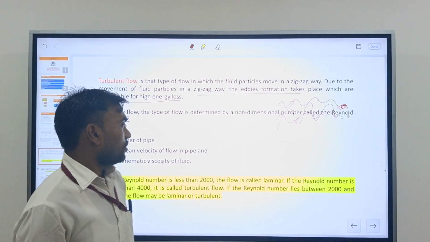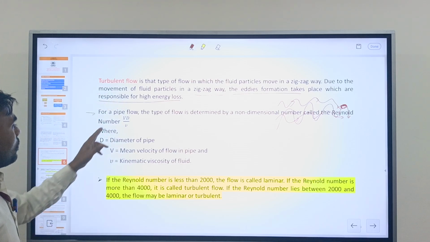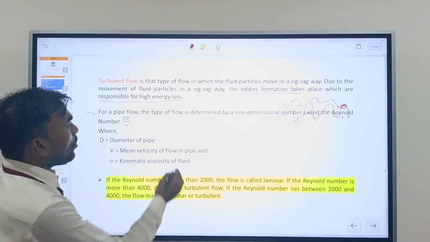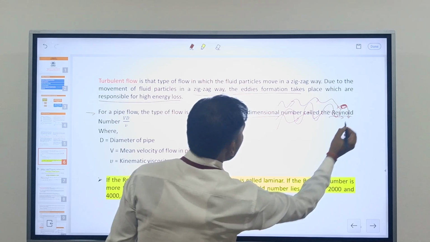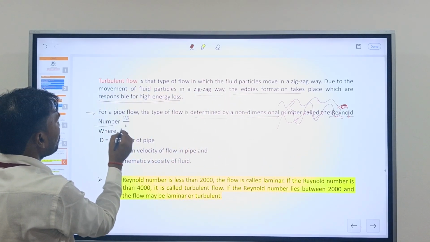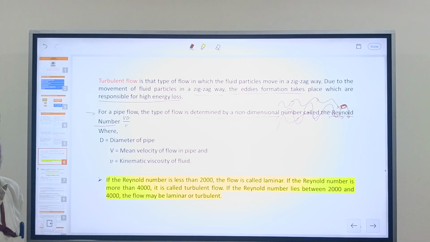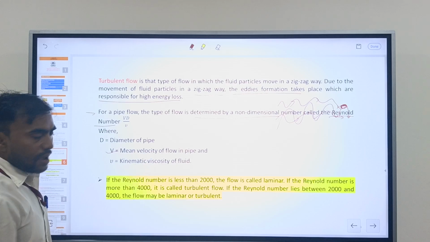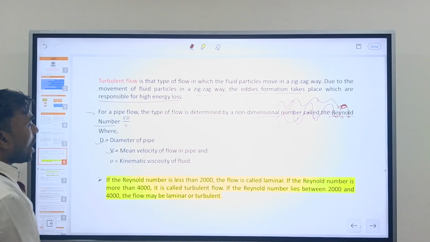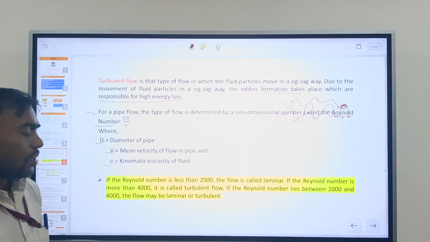Now, for a pipe flow, the type of flow is determined by a non-dimensional number called the Reynolds number. It is represented as VD divided by nu, where V is the mean velocity of flow in a pipe, capital D is the diameter of the pipe, and nu is the kinematic viscosity of the fluid.